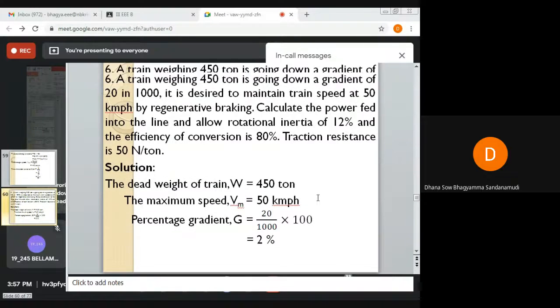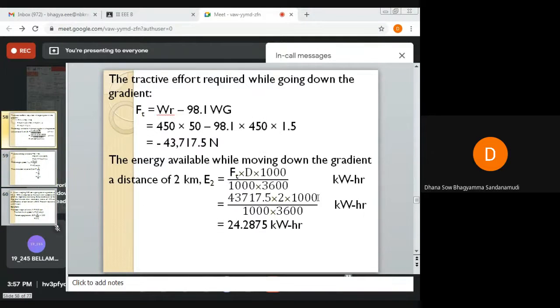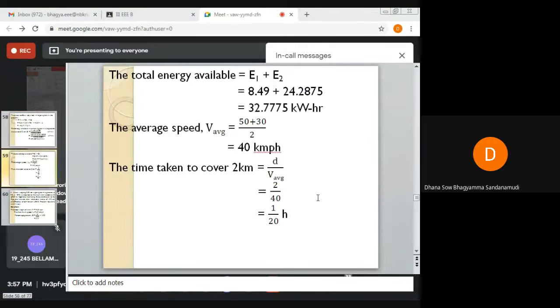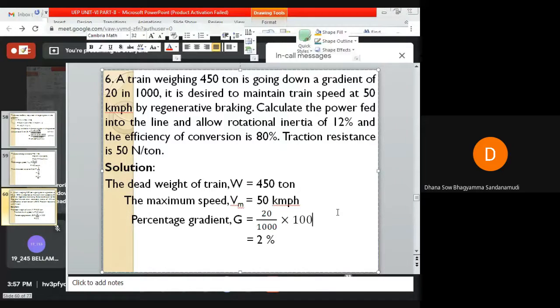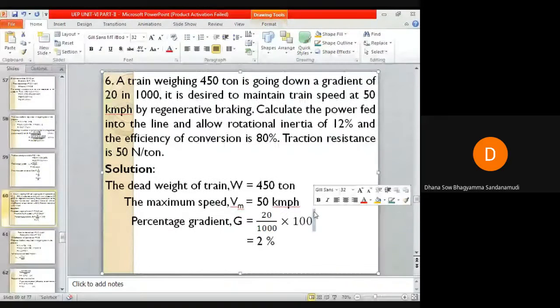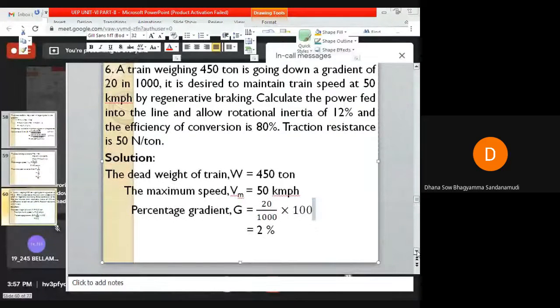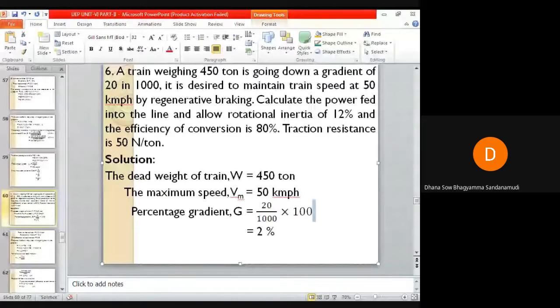Yeah, now it has changed. Something is wrong.